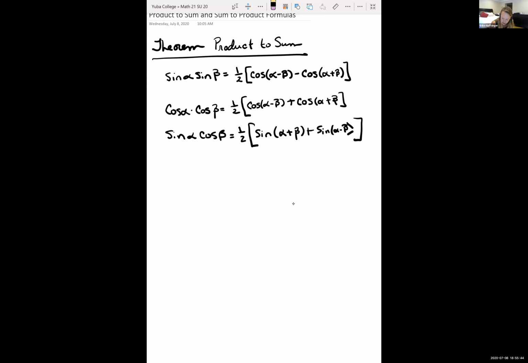Cosine of alpha minus beta, a difference of two angles for cosine. Remember that's cosine, cosine, sine, sine. So this would be cosine alpha, cosine beta, and it's opposite sign, so plus sine alpha, sine beta.